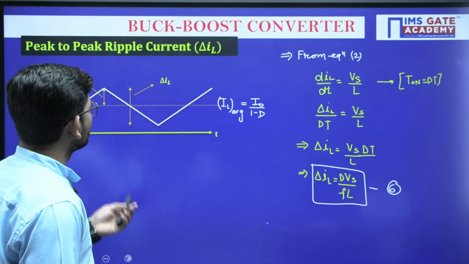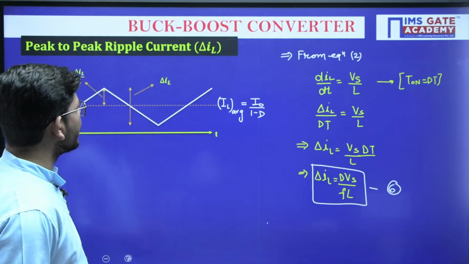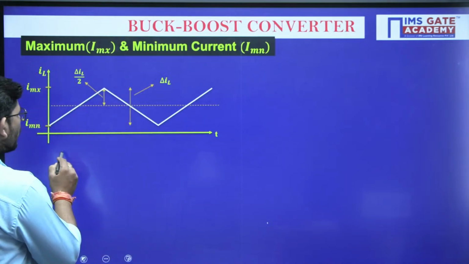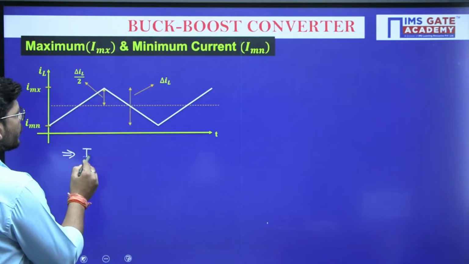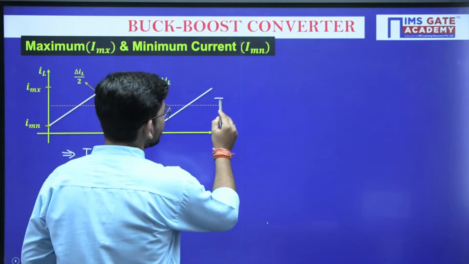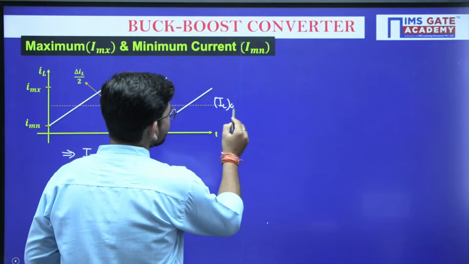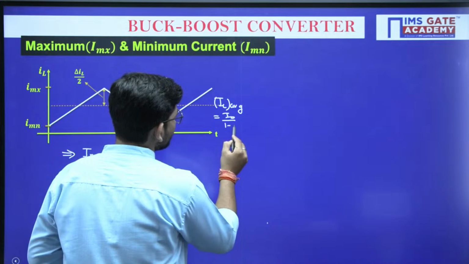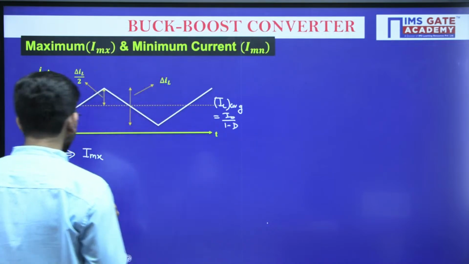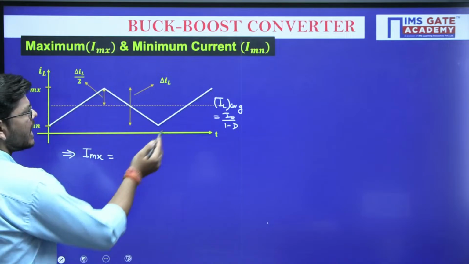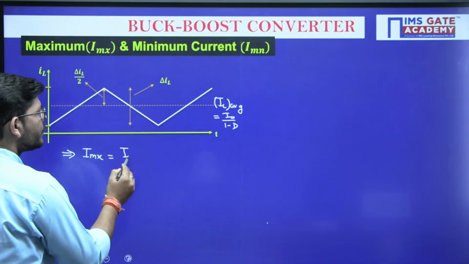Okay, so we have calculated peak to peak ripple current. Now let us calculate the maximum and minimum value. So what will be the maximum value? What will be the I maximum value? Let me write again. What is IL average here? IL average is I naught upon 1 minus D. So I max, if I have to calculate I max, that will be IL average plus del IL by 2, isn't it?